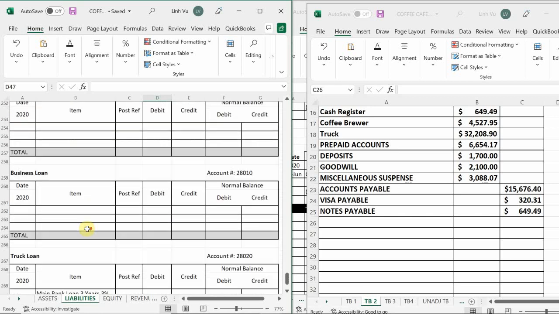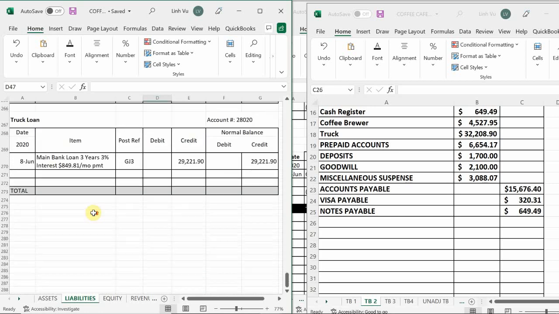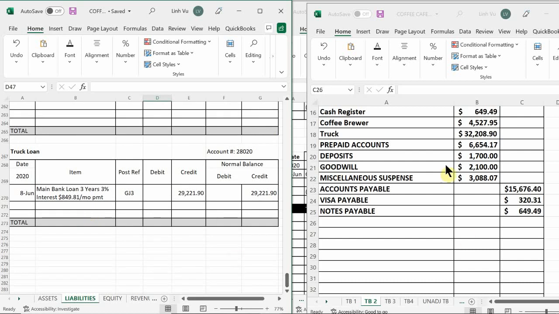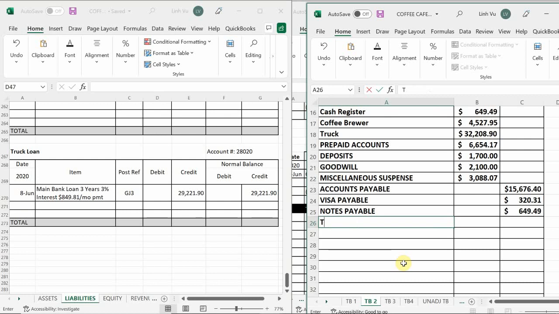And loans, I don't have a business loan, but I do owe the bank for a truck loan. I owe the bank for the truck loan a total of $29,221.90. So I owe a lot of money to a lot of different people.